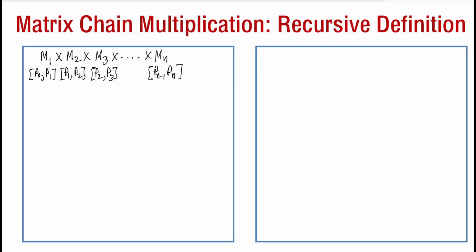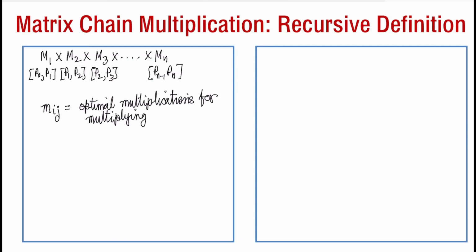Again, as per our methodology, we set up this recursive equation. And the recursive equation is as follows. Let Mij be the optimal multiplications for multiplying Mi, Mi plus 1, up to Mj.